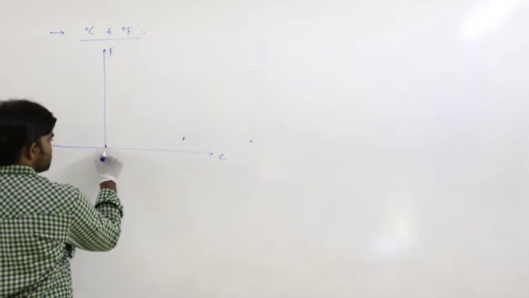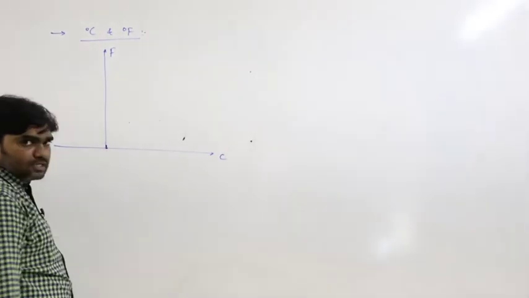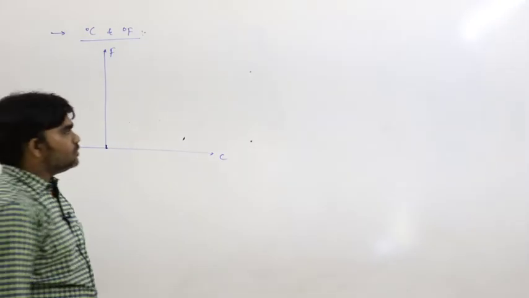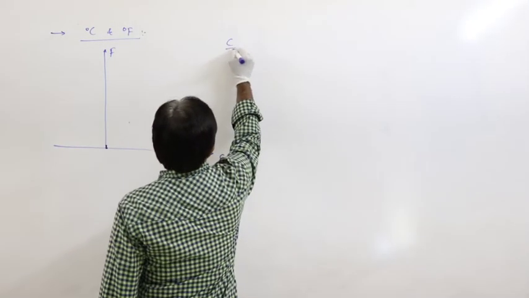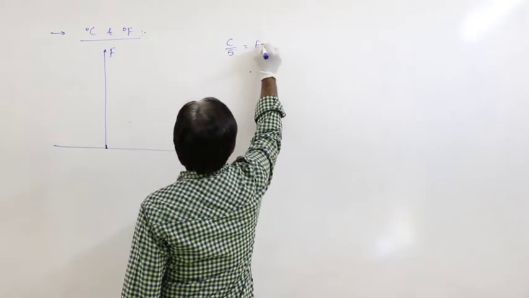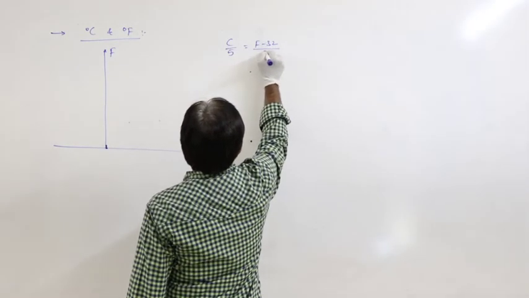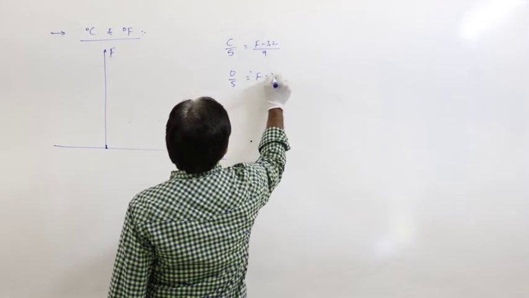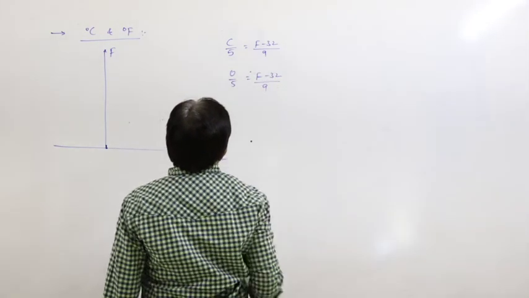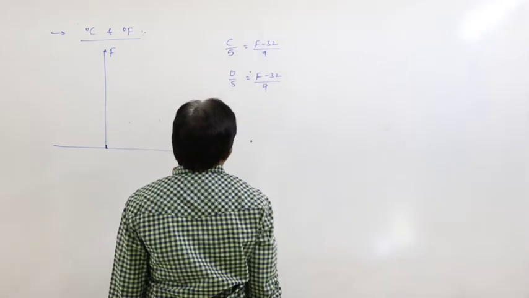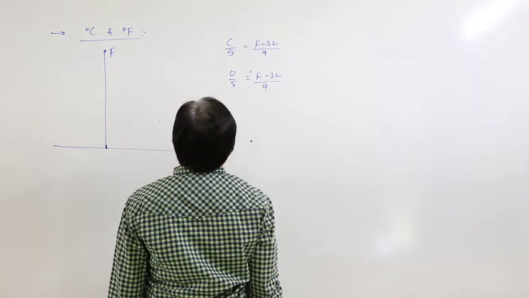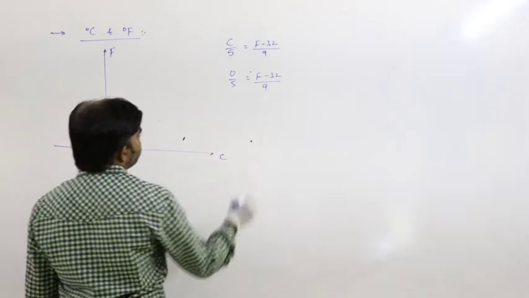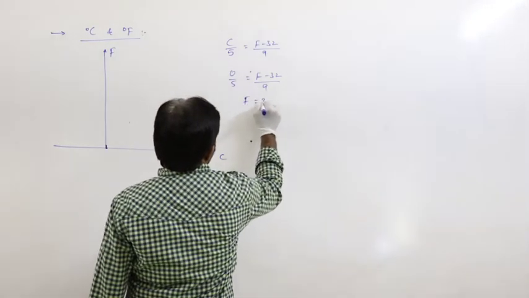X component Celsius is 0. 0 Celsius means what is the Fahrenheit? We know the relation: C by 5 is equal to F minus 32 by 9. 0 by 5 is equal to F minus 32 by 9. At 0 degrees Celsius, F is equal to 32.